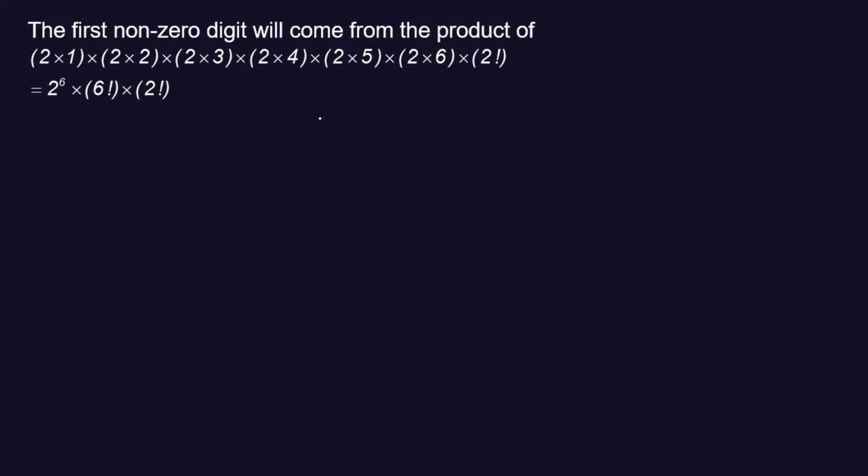So what will be the first non-zero digit? 2 to the power 6 gives us 64, factorial 6 gives us 720, and factorial 2 gives us 2. No need to multiply the complete thing. Simply apply the logic. The last digit, which is eventually the first non-zero digit, comes when 2 is multiplied with 2, that gives us 4. And when this 4 is multiplied with this 4, the last digit is 6. Yes or no? Therefore, the first non-zero digit of factorial 32 is 6.